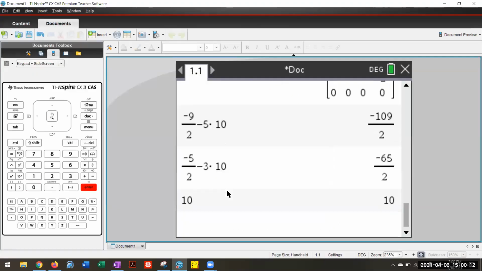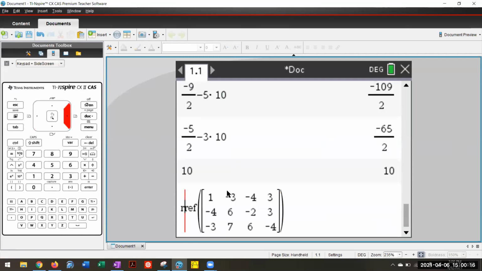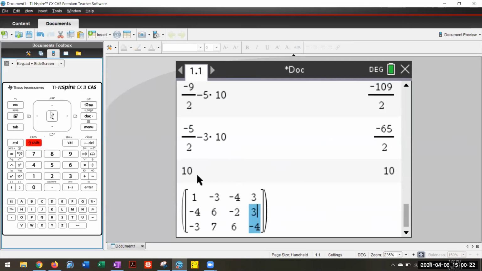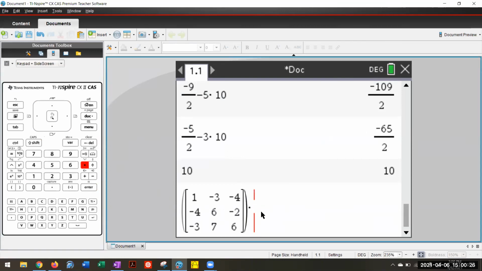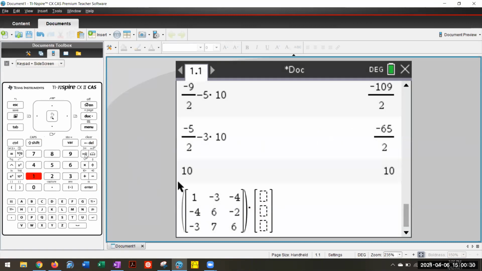Okay, so here's what this means. If I take the original matrix, I'm going to get rid of the ref, and I'm also going to get rid of this last column. So we're only working with A, okay? You agree that's A? And now I'm going to multiply it by a vector, -109/2, -65/2, and 10.